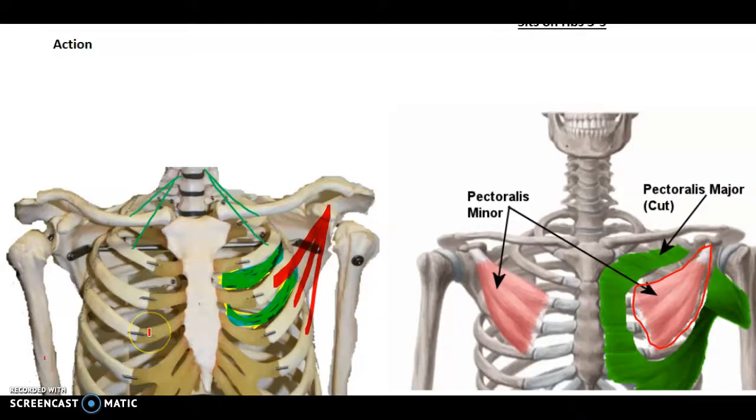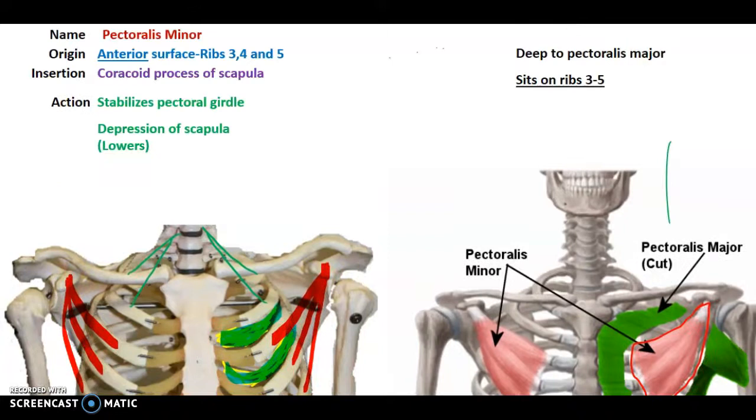Let's see if I can do a little bit better job on this side. 1, 2, 3, 4, and 5. So we're going to learn in the respiration chapter, it is going to be an evil muscle that has an action on its origin. But for now, we're going to focus on the action on the coracoid process. So the insertion, again, is the coracoid process.